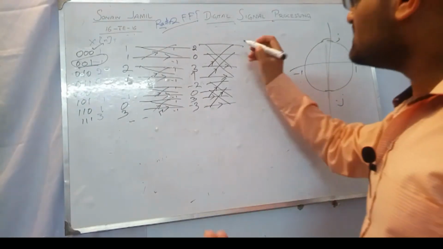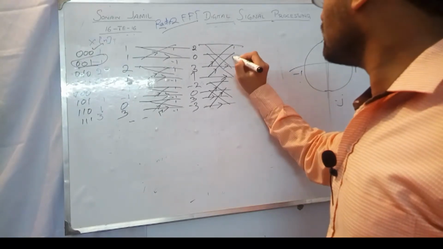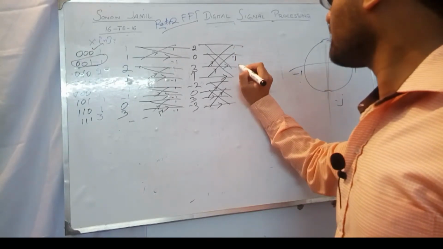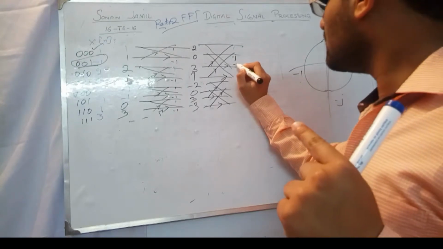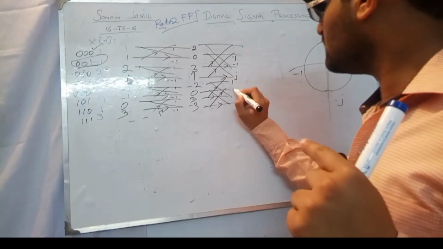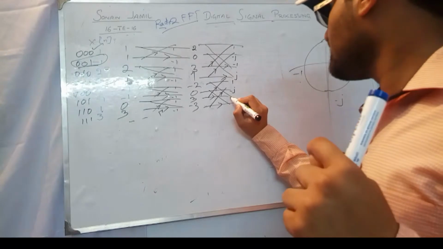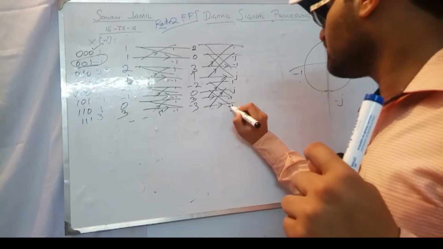We will have to just multiply this: 1, minus j, minus 1, j.